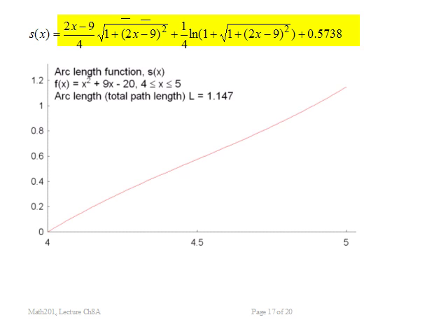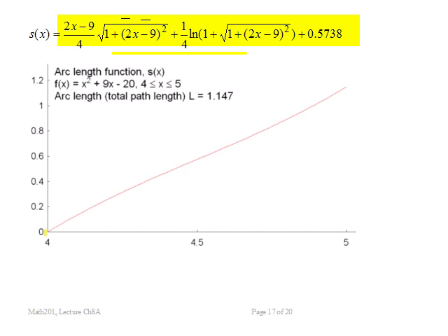If I let x be 4, then that is the length from 4 to 4, which is going to be 0. That's why this is 0 here. But as I move along the curve from 4, and let's go ahead and go to 5 since we have our solution for that, then the length changes. It's not just a straight line. There's a little bit of a curve here. It's not real pronounced, but that has to do with the functional form for s of x.